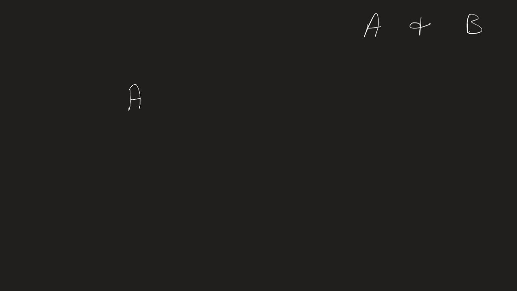Every time you couple a reaction, you pass on some matter, you pass on some energy. You lose a lot of energy in the form of heat, but some energy gets transferred over to the coupled reaction. So what happens is A becomes B.